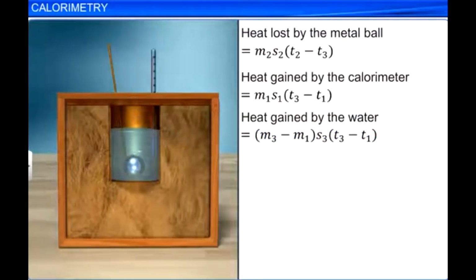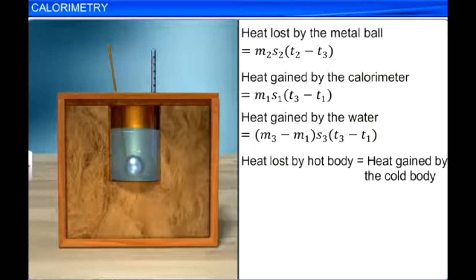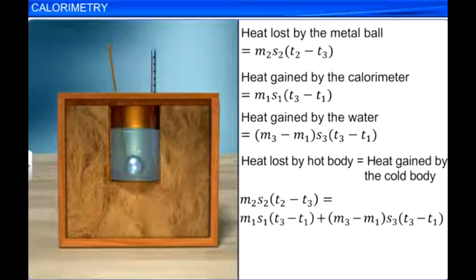Applying the principle of calorimetry, heat lost by a hot body is equal to the heat gained by a cold body, which is expressed as m2 into S2 into (T2 minus T3) equals m1 into S1 into (T3 minus T1) plus (m3 minus m1) into S3 into (T3 minus T1).